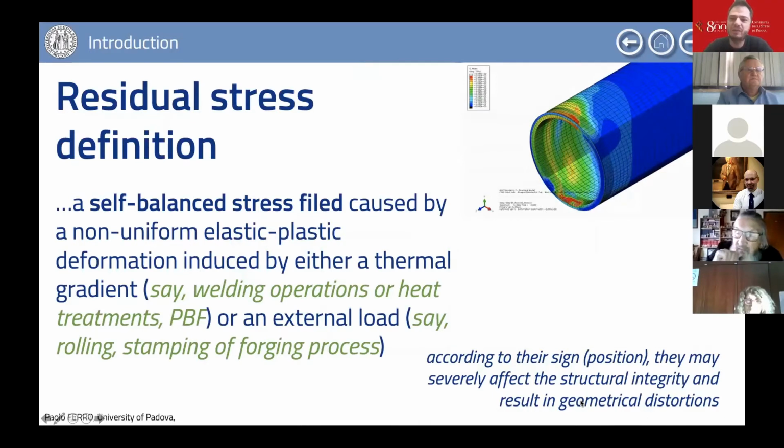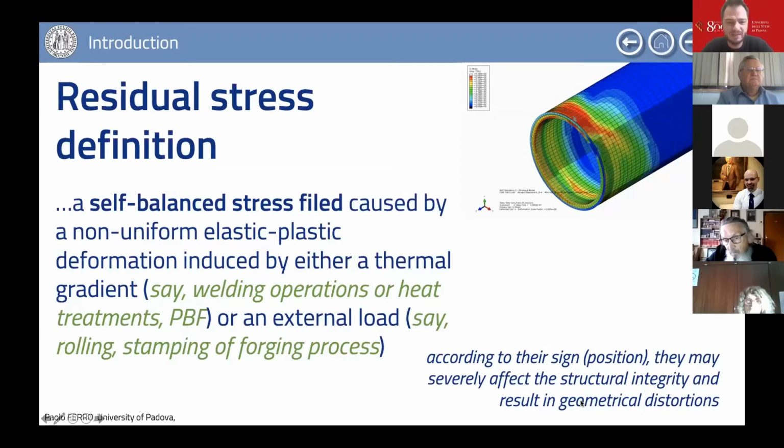And this non-uniform plastic deformation is induced in a lot of cases by processes like, for example, welding and additive manufacturing, in which we have high thermal gradients that induce thermal and plastic deformations.